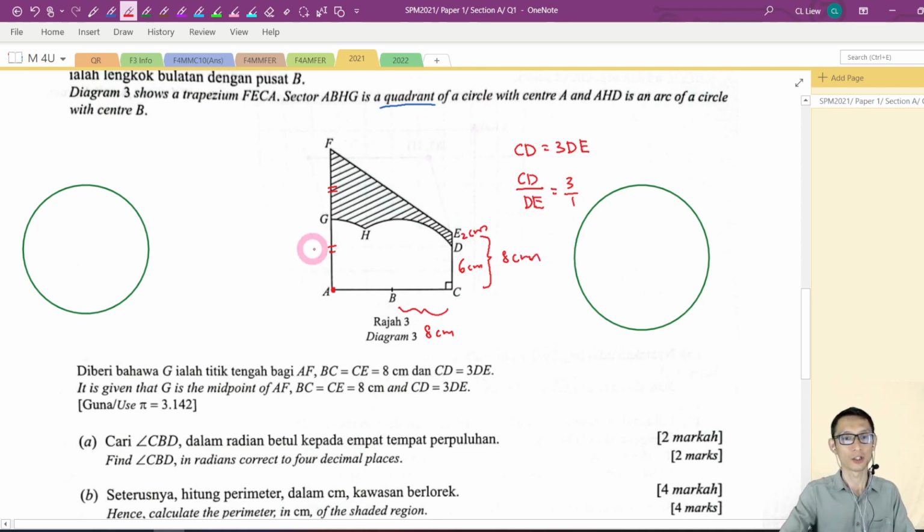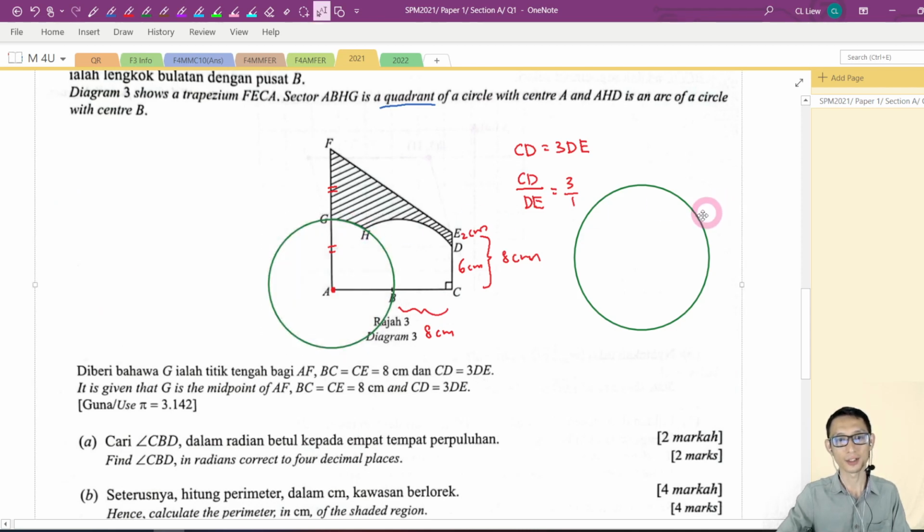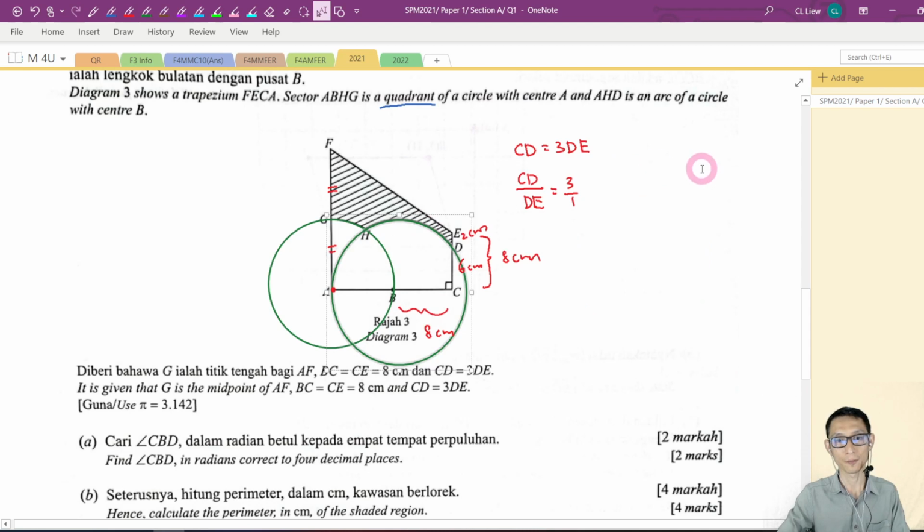Okay, now this might be a little bit confusing, so let me draw it this way for you, so that it is easier for you to understand. Okay, so ABHG is a quadrant of a circle with the center A. So this is 90 degrees.